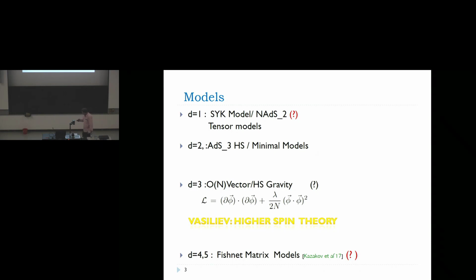So this is a class of models where what I say might apply. I'm not sure if someone can guess why the black and red question marks.